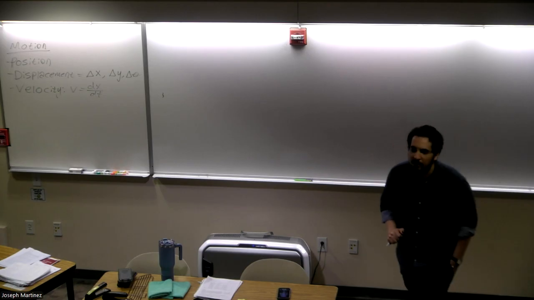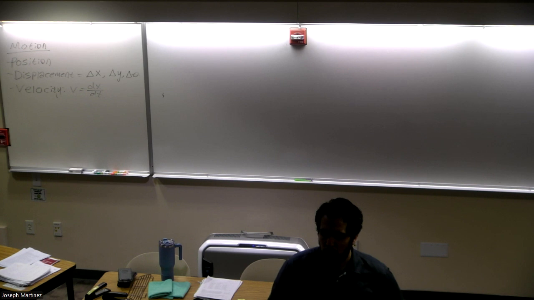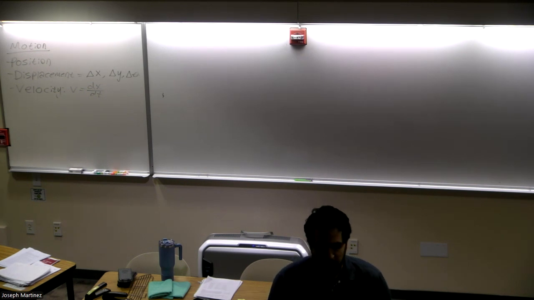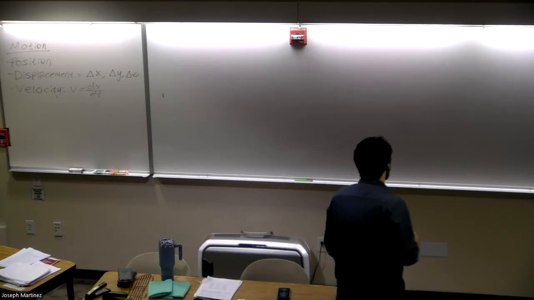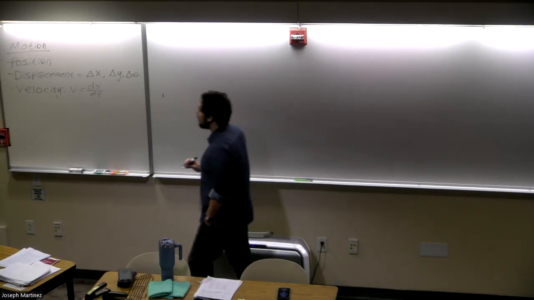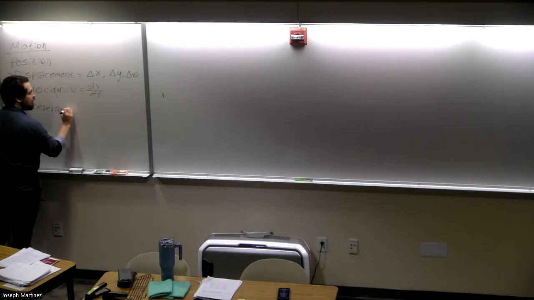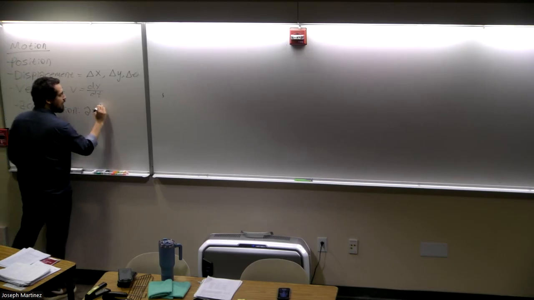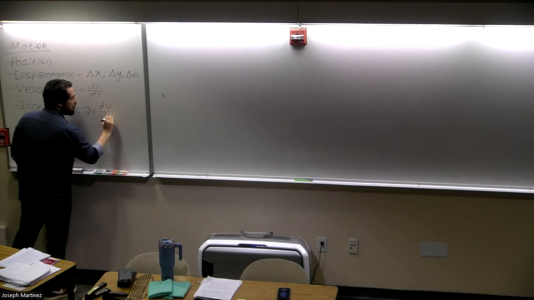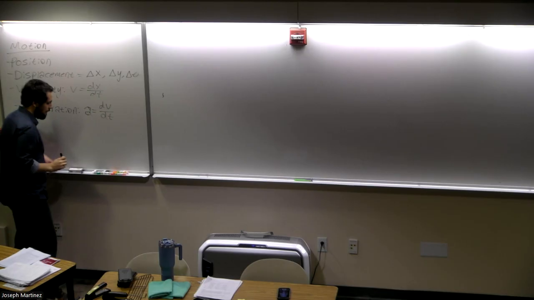Now, velocity can change. And if we have a changing velocity, what quantity might we use to describe that changing velocity? Acceleration. Acceleration tells you how your velocity is changing, and specifically how quickly that velocity changes, dv dt. Acceleration is dv dt.